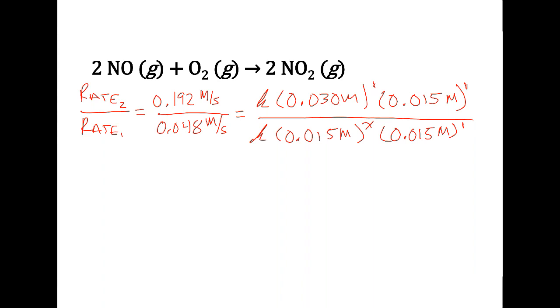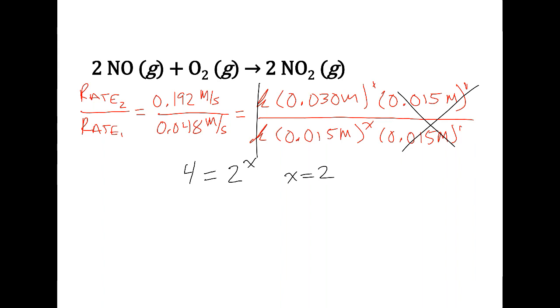So 0.192 divided by 0.048, this is equal to 4, equals, K's cancel out, it's a rate constant. This expression will cancel out the 0.015 molar to the first. And then we can simplify 0.030 divided by 0.015. So that will end up being 2 to the X. So what this means is X is equal to 2.